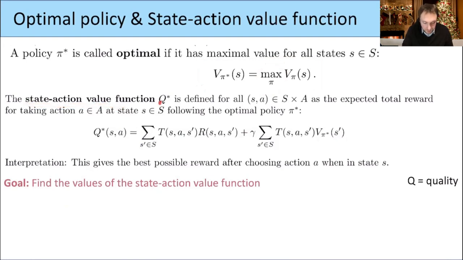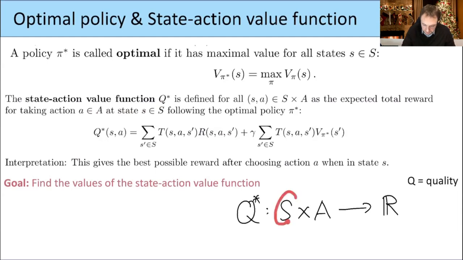I will try to make this really explicit in our Combini example, and I hope then this becomes clear. This function we denote by Q star. It is a map from S times A to R. So for each state and each action, this gives a number.